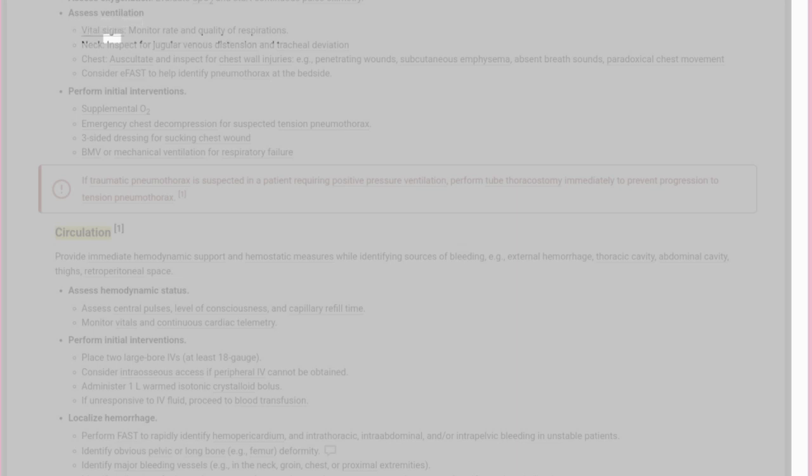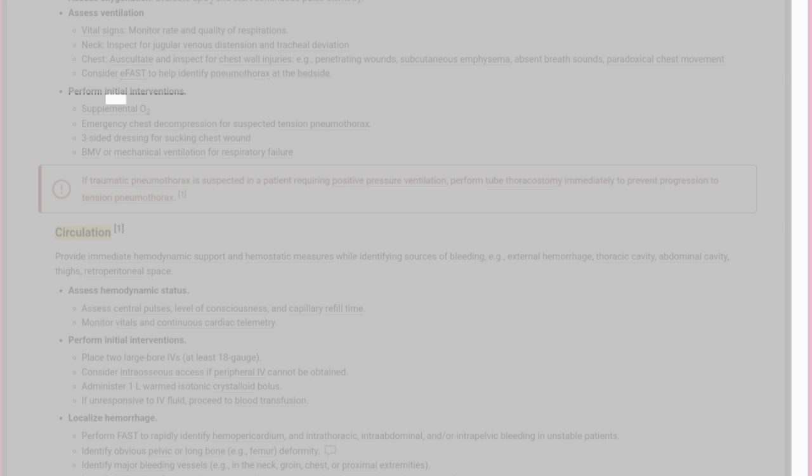Check vital signs, monitor rate and quality of respirations. Examine the neck, inspect for jugular venous distension and tracheal deviation. Examine the chest, auscultate and inspect for chest wall injuries, for example penetrating wounds, subcutaneous emphysema, absent breath sounds, paradoxical chest movement. Consider EFAST to help identify pneumothorax at the bedside.